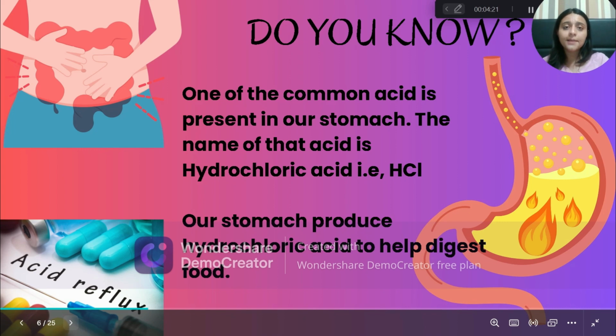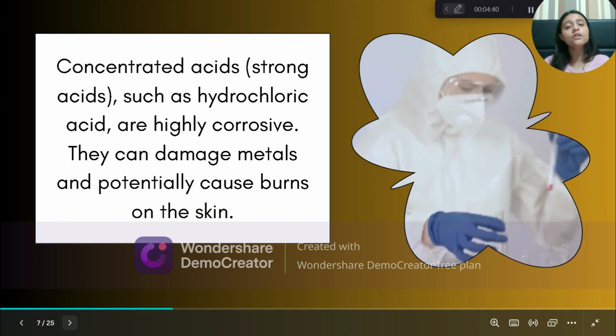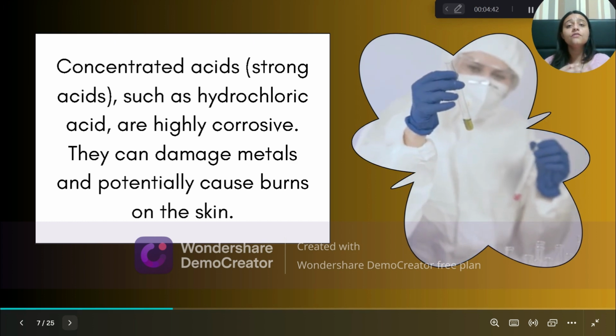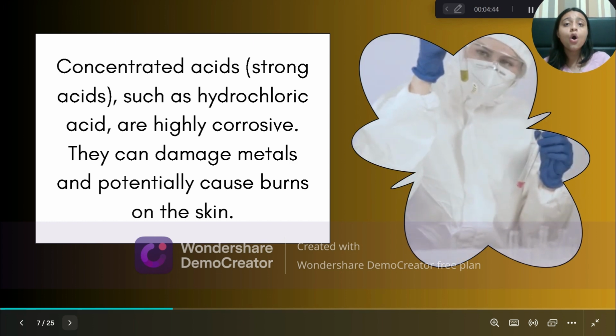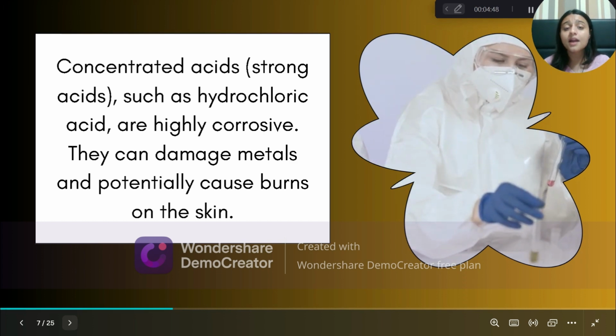So there are two types of acids, strong acids and weak acids. Strong acids are also known as concentrated acids. These are corrosive in nature. These are too dangerous in nature that they are not present commonly at your homes, but they are present in chemical laboratories. So whenever we face these acids or whenever we work on these acids, always remember to wear gloves and a mask on your face because they are highly reactive and corrosive in nature.